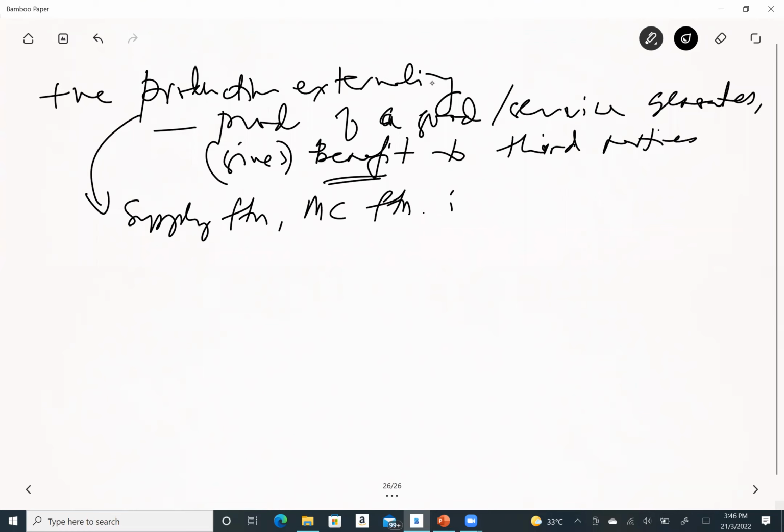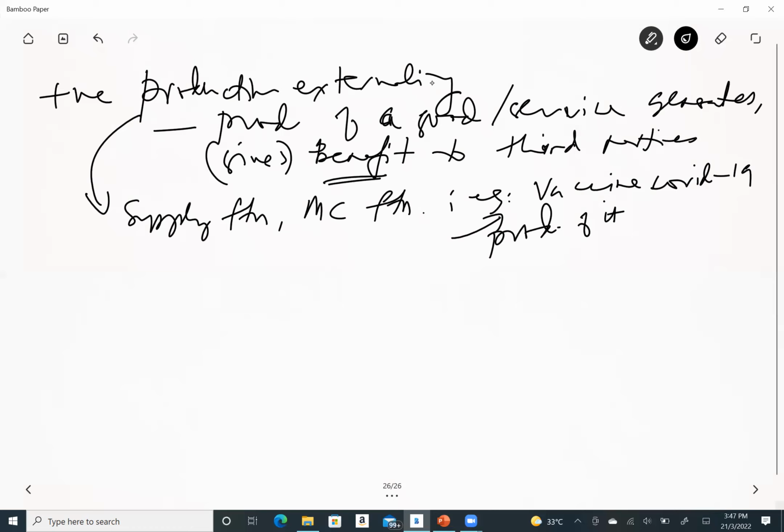Example. What is an example of a production externality? I think one of you mentioned last time the COVID vaccine. The production of the COVID-19 vaccine generates positive externalities, which means it generates benefit to other people.